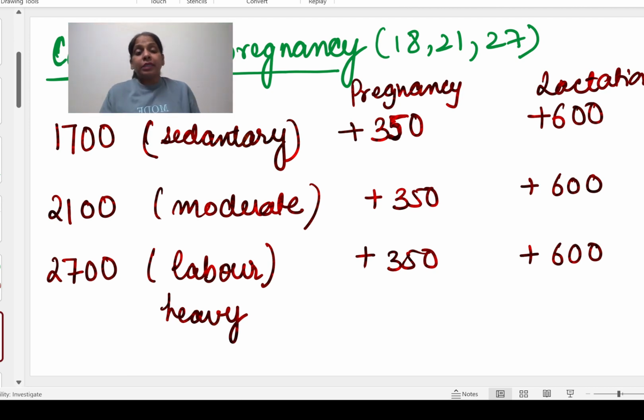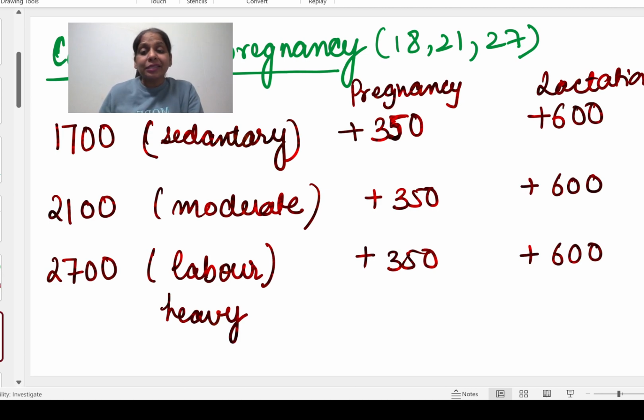Okay, see, as per ICMR, for the sedentary female, the calories required per day is 1700 kilocalories per day. And for a moderate, or you can say a working female, who is not sitting all the time and works, it is 2100, right?